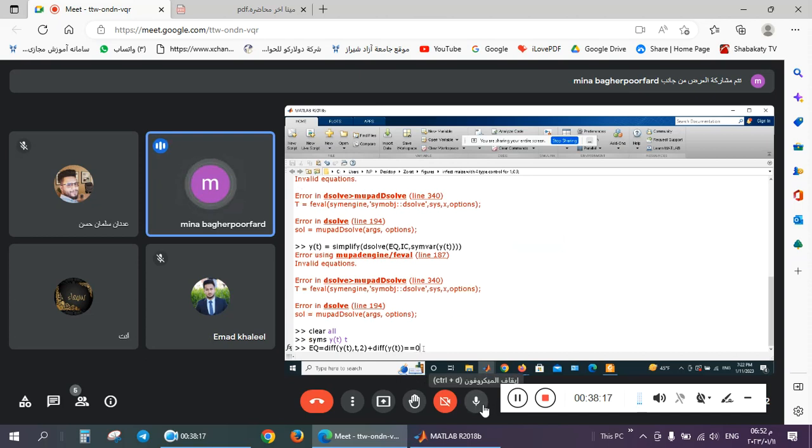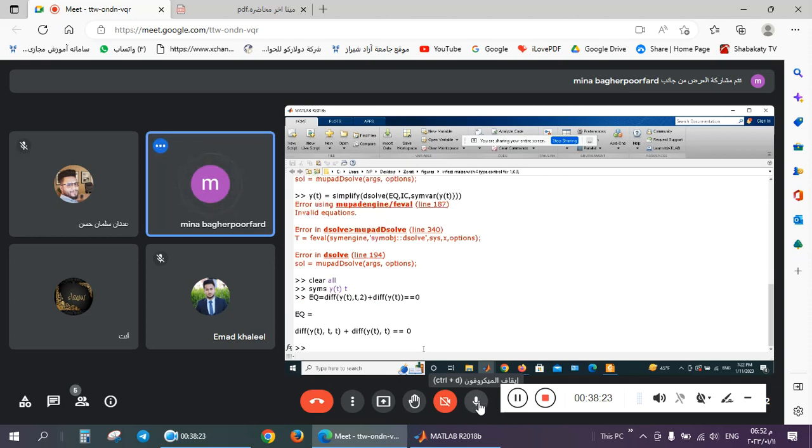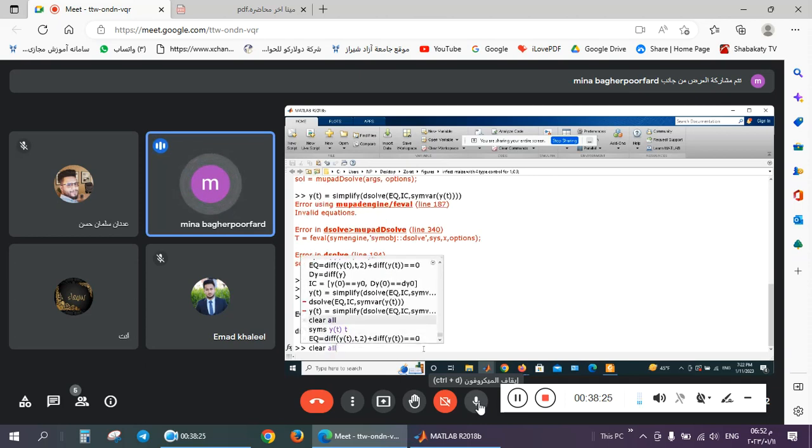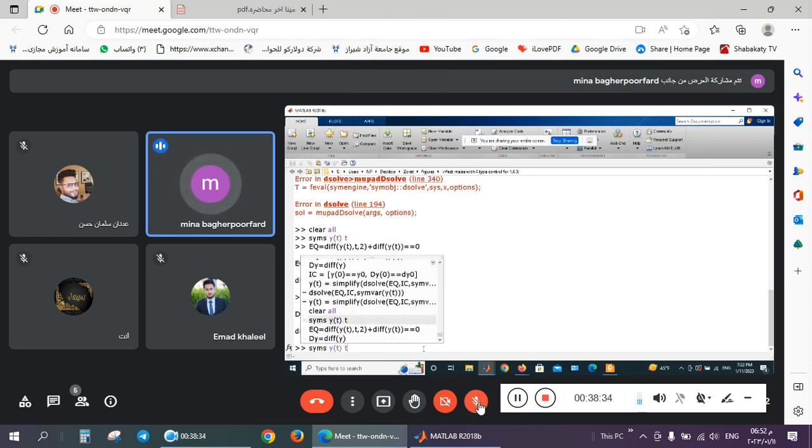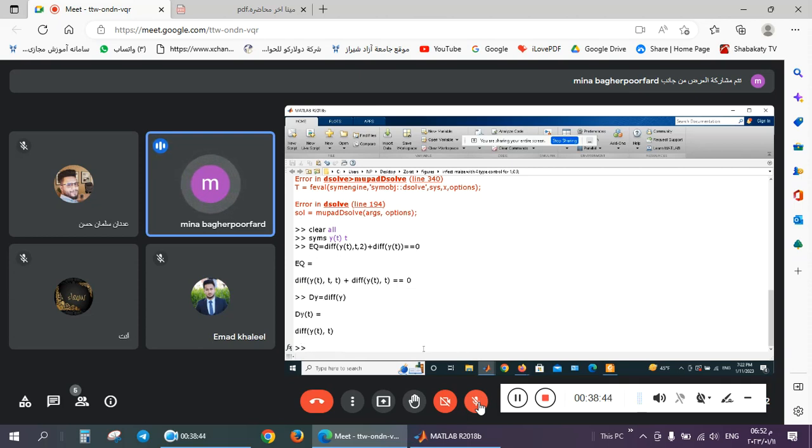This is my equation. After that, I define dy, which again is the diff of y. After that, the initial condition is here, but before it, I should define y0 and dy0.